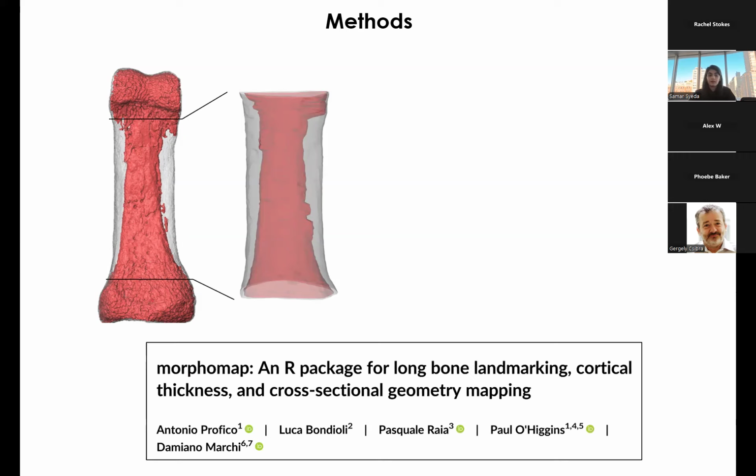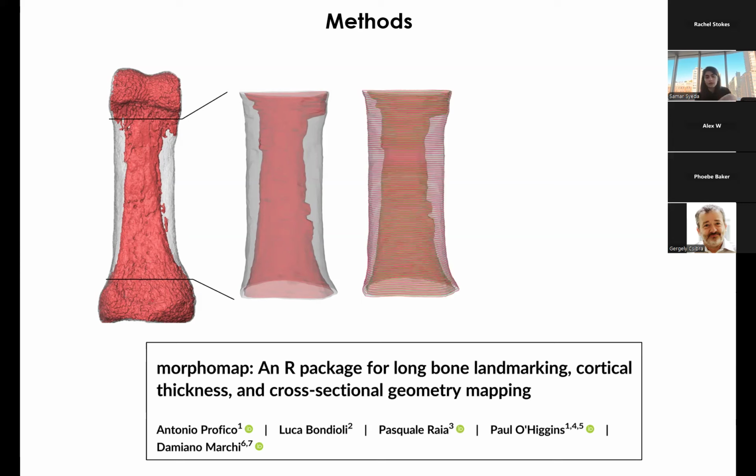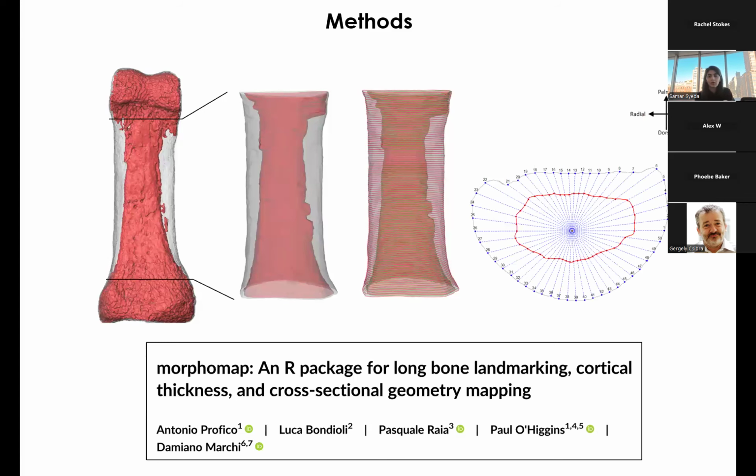And then we use an R package called Morphomap. What Morphomap does is place cross sections throughout the entire length of the shaft, and you can define where you want those surfaces. We did them at 1% increments throughout the shaft. At each of those cross sections, you can place landmarks on the inner and outer surface to capture the shape of the cross section and of the bone as a whole.